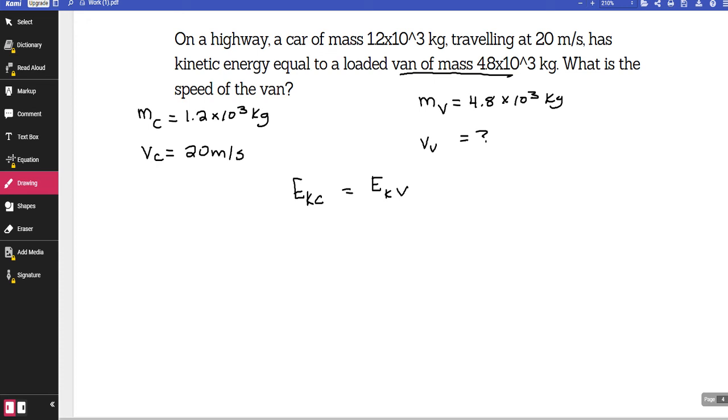So if I do two separate solves, which I am a fan of, I know that the equation is mass times velocity squared divided by 2.